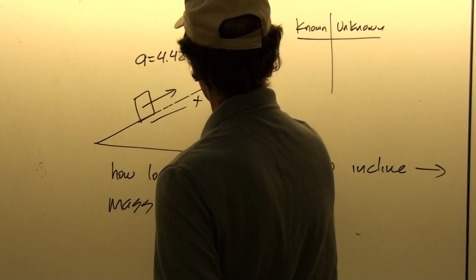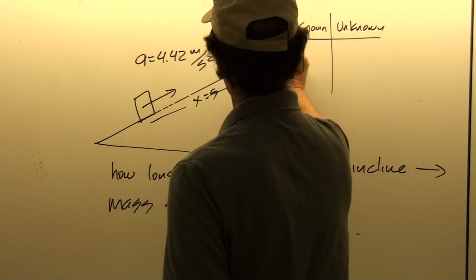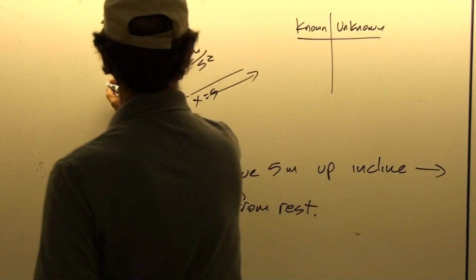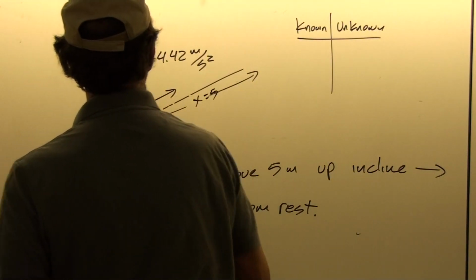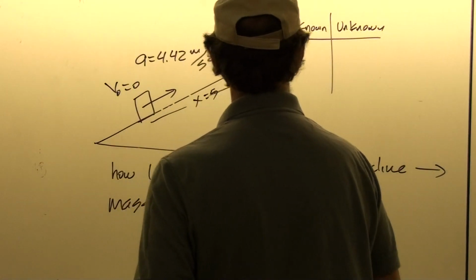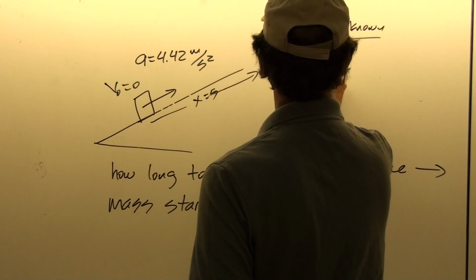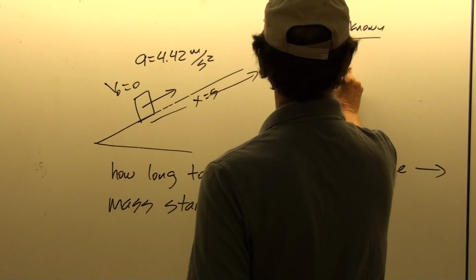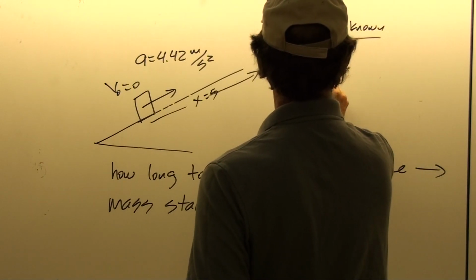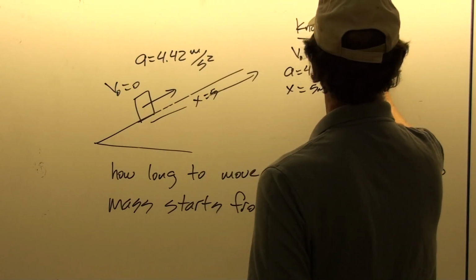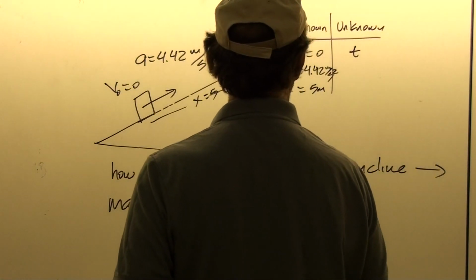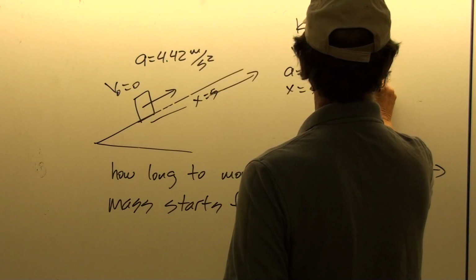So we'll call this the x direction and say this is x equals 5. We'll set the initial velocity to 0. And so our knowns then are v naught, the acceleration, and the x displacement. The unknowns then are the time and the final velocity.